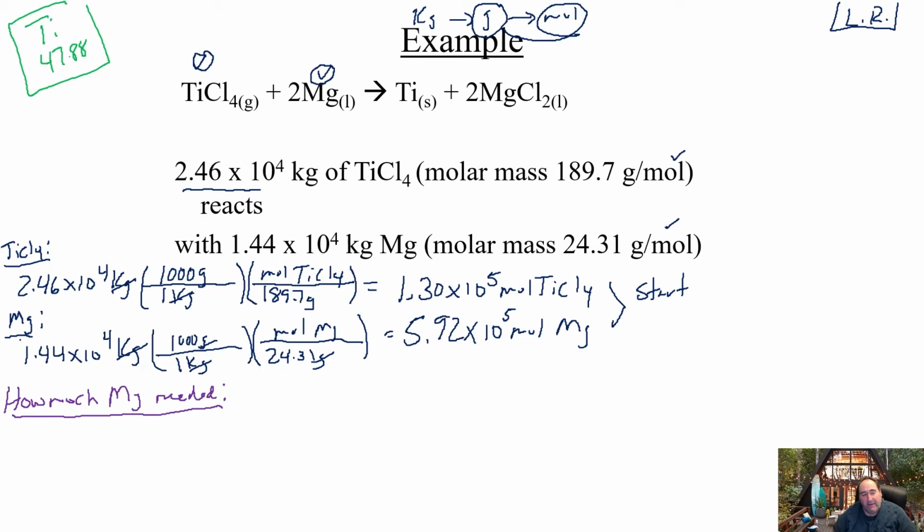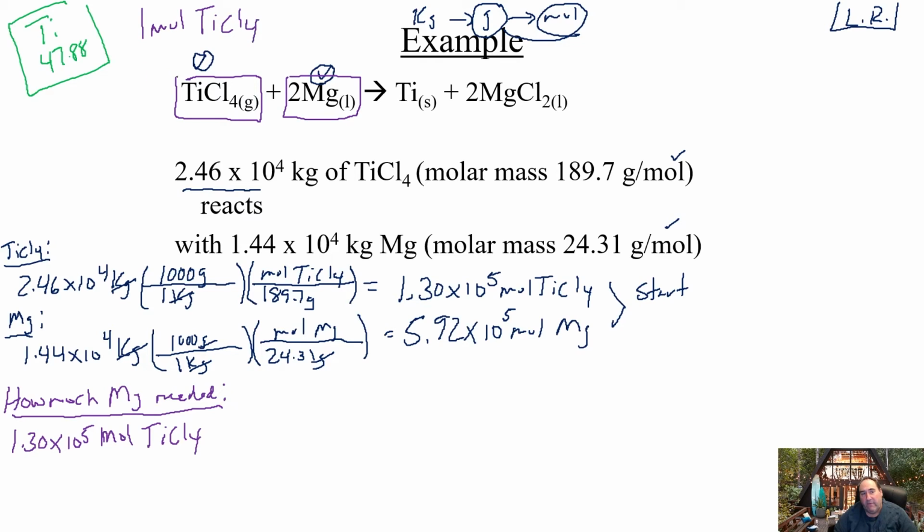So I'm going to start with my TiCl4, 1.30 times 10 to the 5th moles of TiCl4. It is a 1 mole to 2 mole relationship from the equation. So 1 mole of TiCl4 gives us 2 moles of magnesium. Once again, those numbers are just the coefficients, as we've been doing all along.